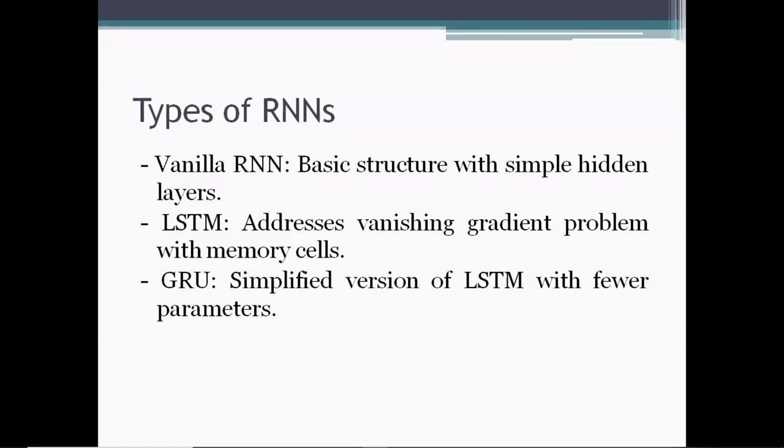And the GRU is used as a simplified version of the LSTM with fewer parameters. So it totally depends on you which type of RNN gives you a good result. Depending on that, you can use the different varieties of RNN.